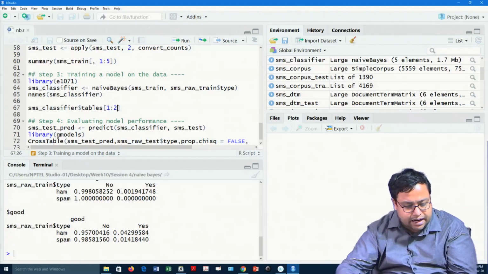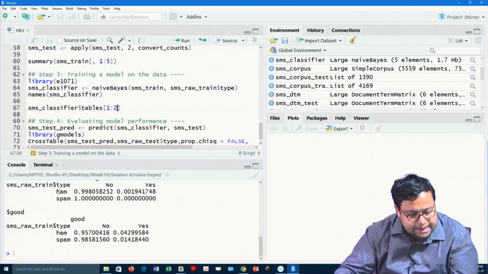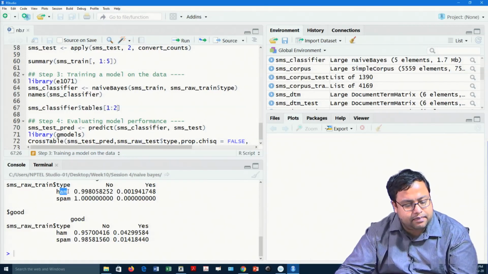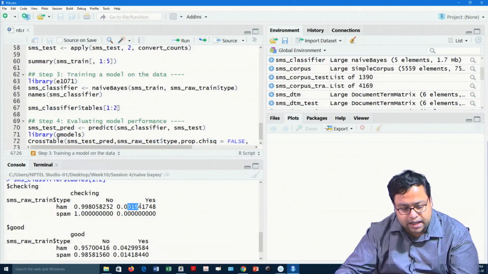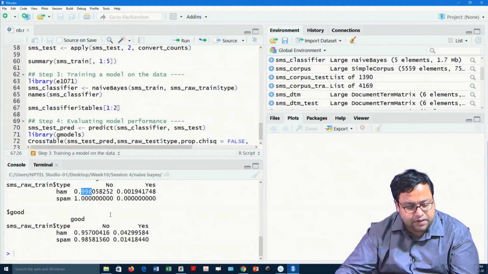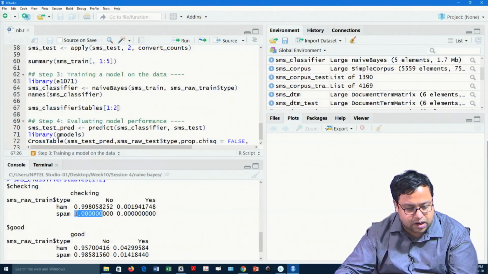So, if you see carefully, when it is ham, the probability of checking occurring is 0.99 and not occurring is 0.002, and 0.998. And given it is spam, it is 0 and 1.